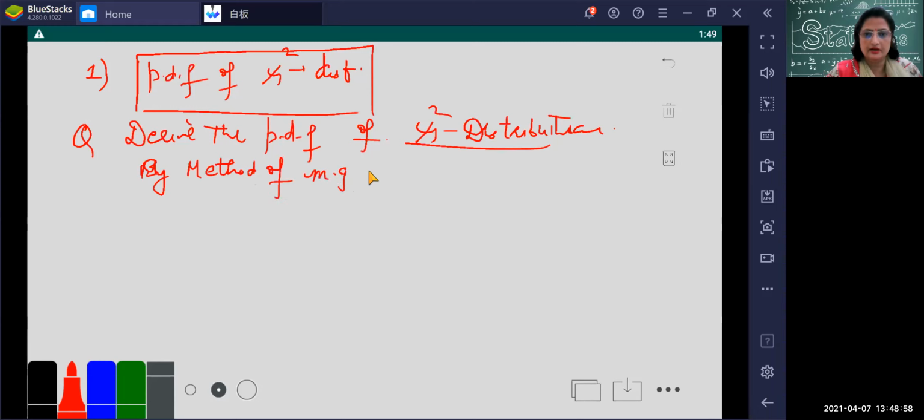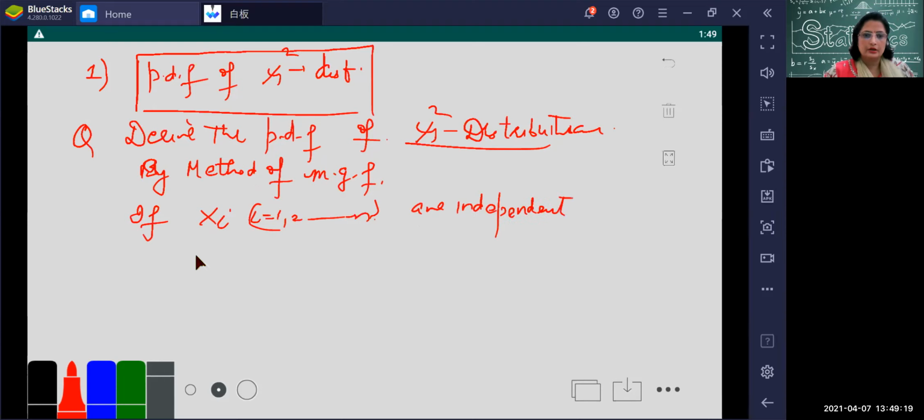Remember, we have independent normal variates. Let Xi, i running from 1 to n, be independent normal variates with mean mu and variance sigma square.